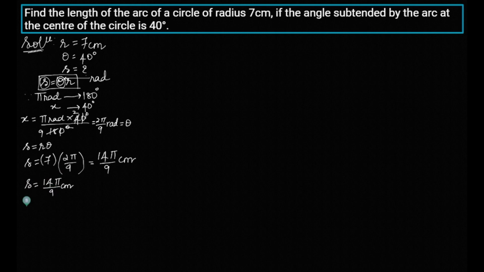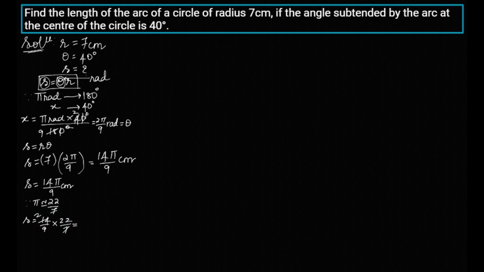We know that the value of pi is approximately equal to 22 divided by 7. So let us substitute the value of pi in S. So S is equal to 14 by 9 into 22 by 7, which is equal to, so 7 into 2 is 14.